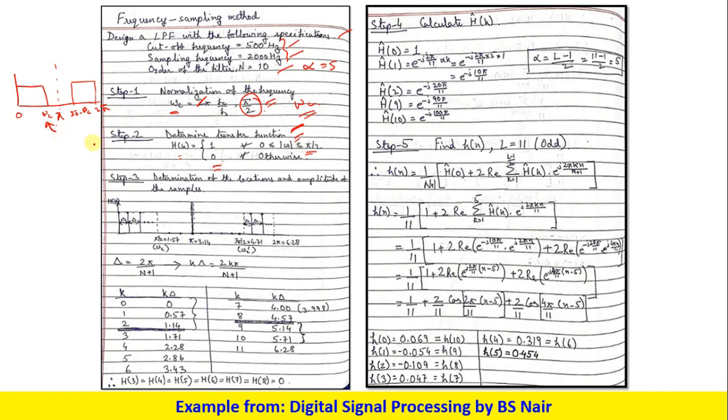Here, what is omega c? Omega c is pi by 2. If you take pi as 3.14 and divide by 2, we get 1.57. So this point is nothing but 1.57. Similarly, if we consider this as omega dash c, it is 4.71, and our 2 pi is 6.28.